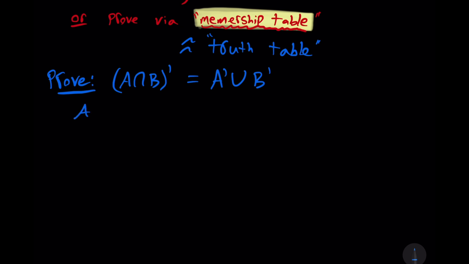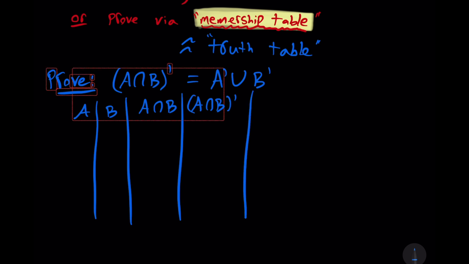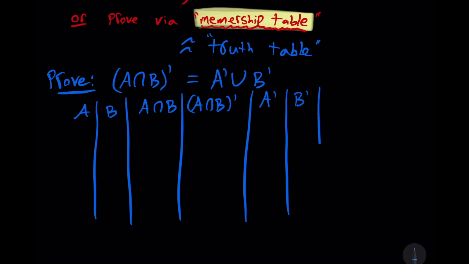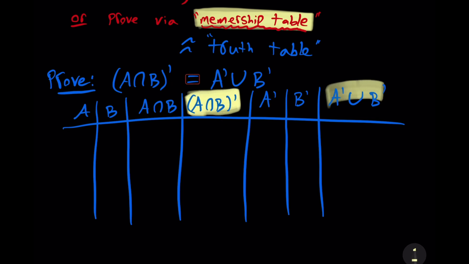We'll say A, we'll say B, we'll get A intersection B, we'll get the complement of A intersection B, we'll get A complement, B complement, and A complement union B complement. And insofar as this, in fact, is equal to this, they will have the same exact values.